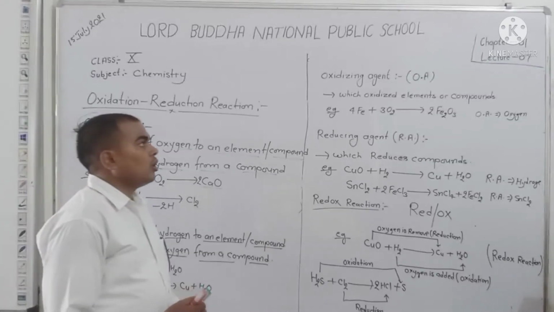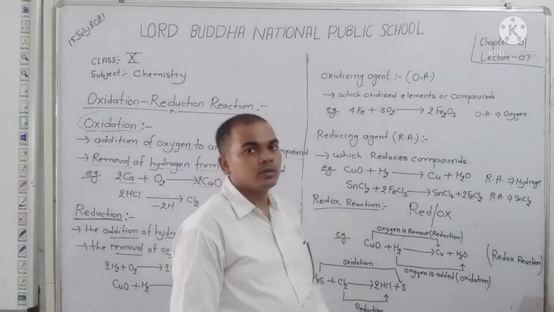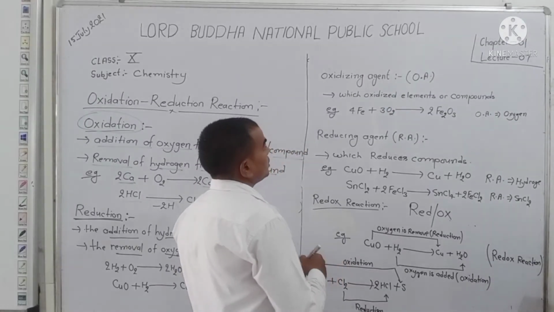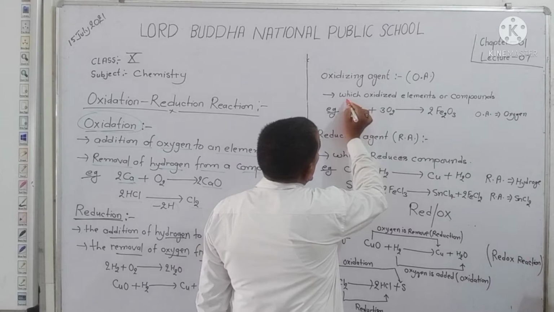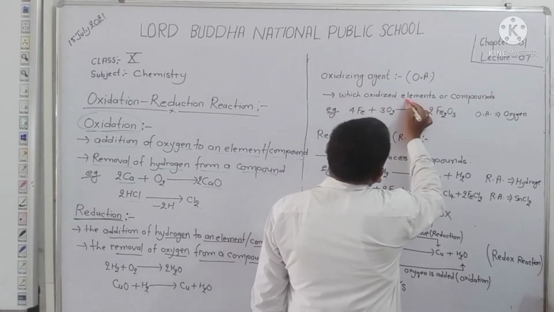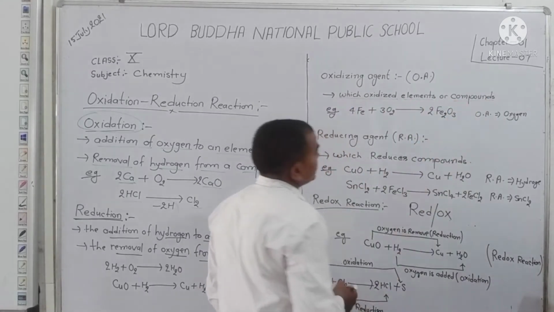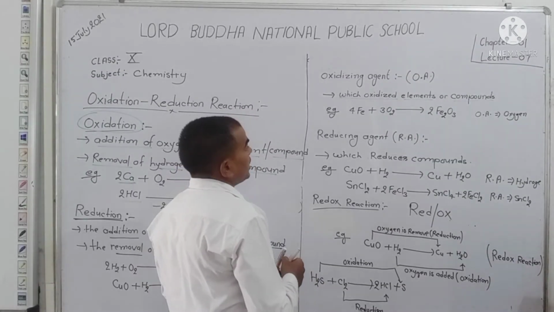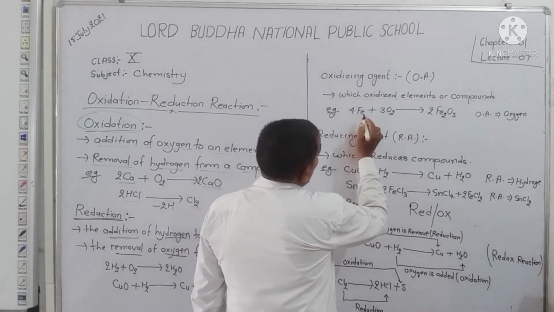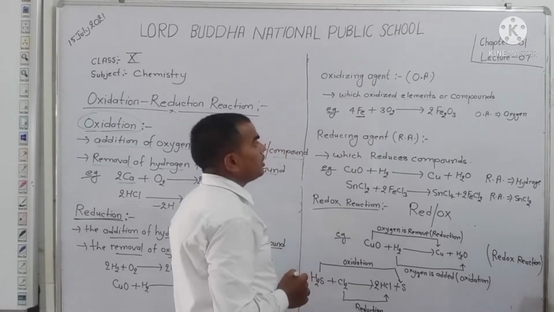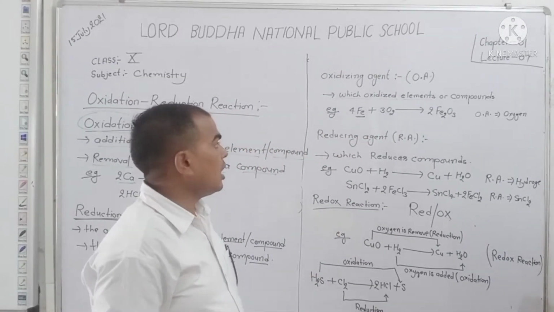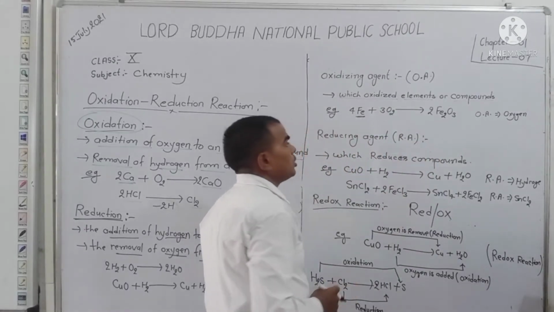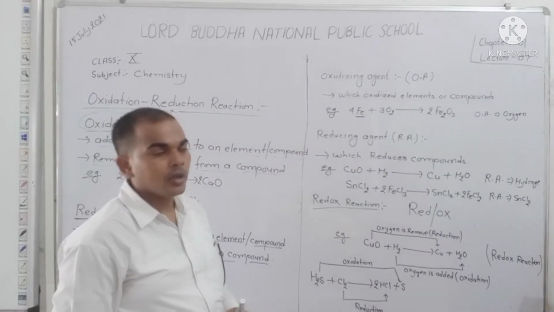Now discuss oxidizing agent. Dear student, oxidizing agent is the agent which oxidizes an element or compound. By the example, we understand here Fe, that is iron, reacts with oxygen and produces ferric oxide.